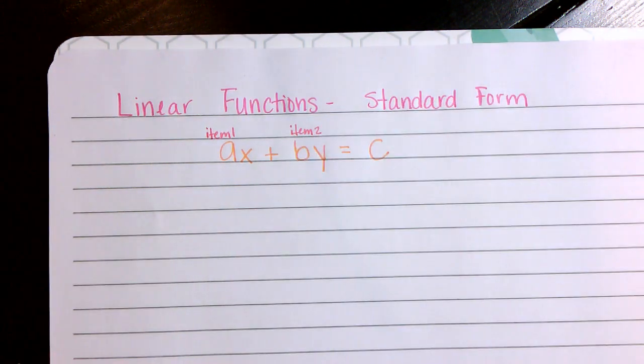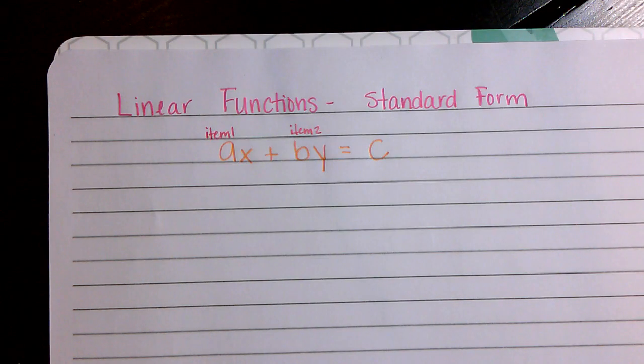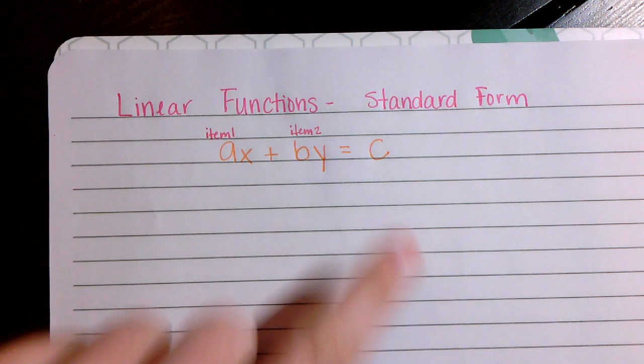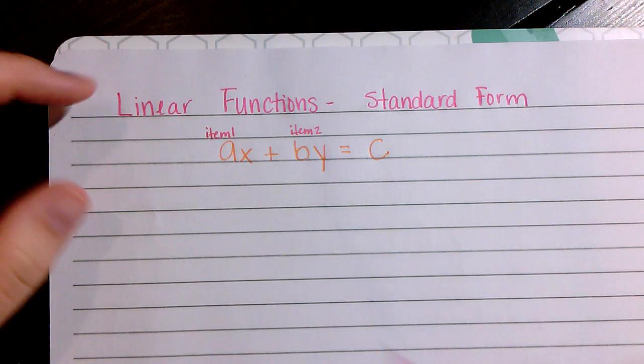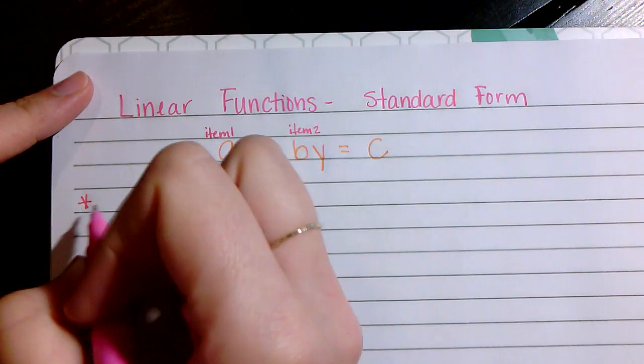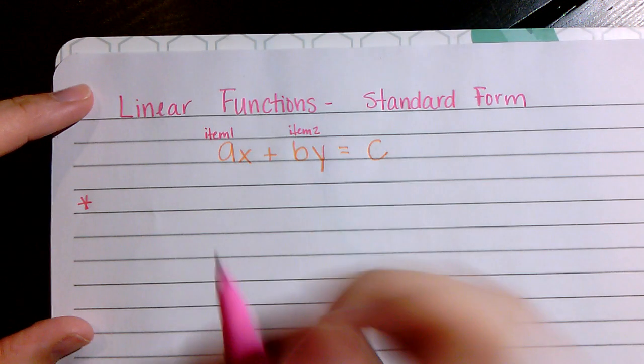So I'm going to give you a few word problems here below, and the item that they're talking about will be referred to as a, and another item that they might be talking about will be in place for b. So underneath, I want you to write really what this formula says.